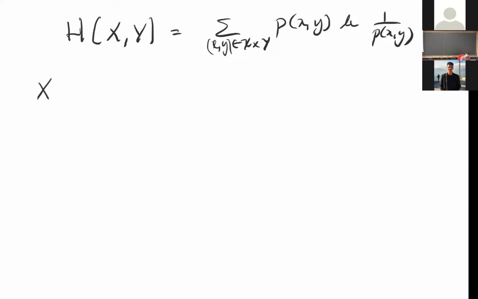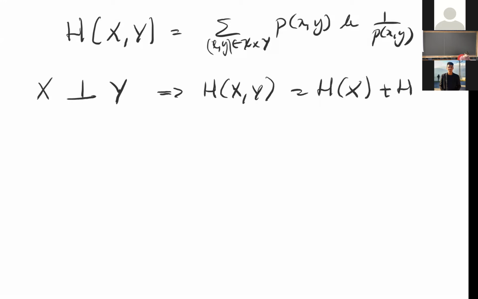So one property of the entropy is that if X and Y are independent, then H of (X,Y) is equal to H of X plus H of Y. The information is additive. When I say information, I mean the Shannon entropy. The information must be additive for independent random variables.